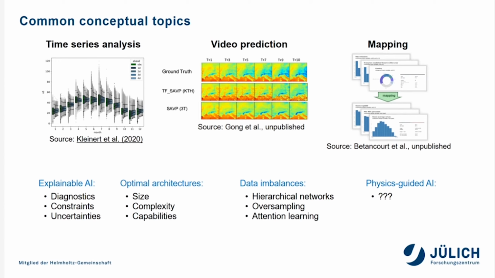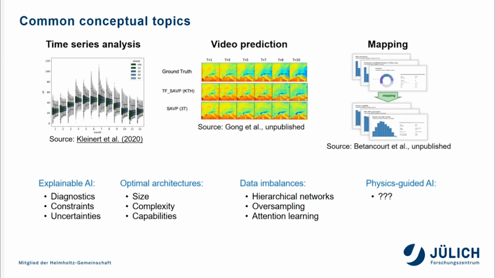We are also always concerned with data imbalances. So again, here there are different approaches that we follow. So one is hierarchical networks, where you would first have a classifier, basically sorting the data into different categories before then training the regression network.